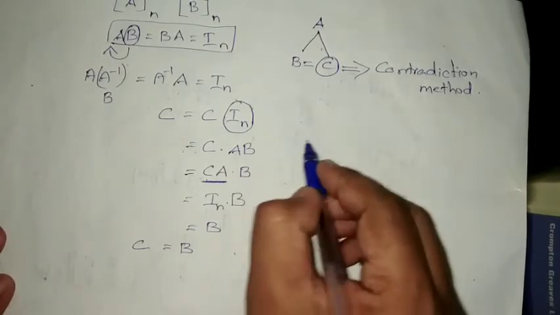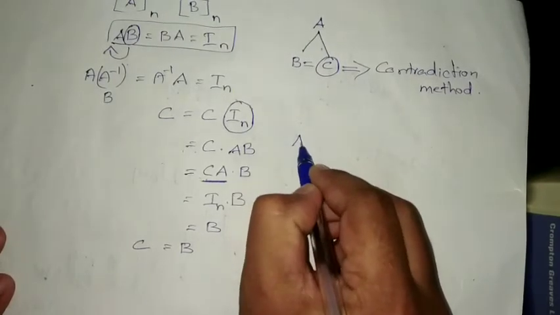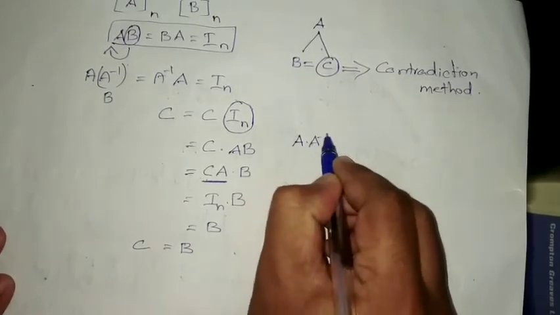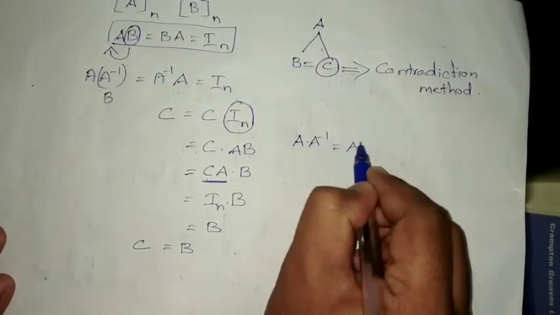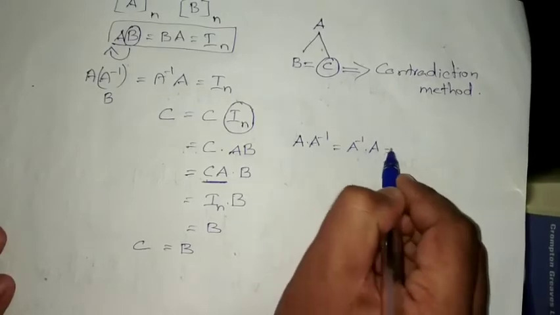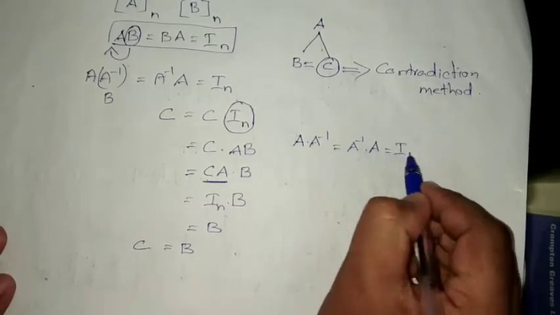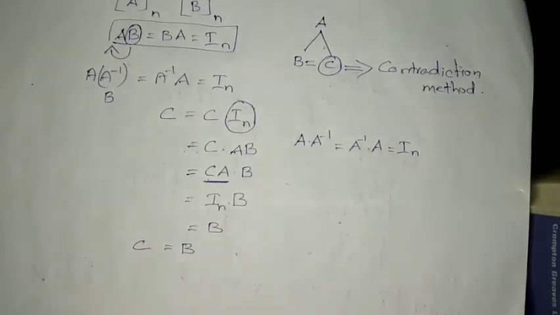So we can state that A into A inverse equals A inverse into A equals the identity matrix of order n. Now we go to the theorem.